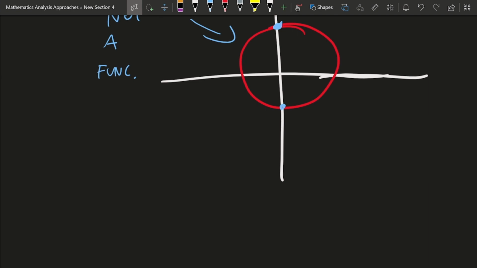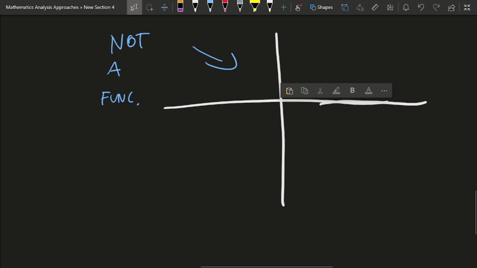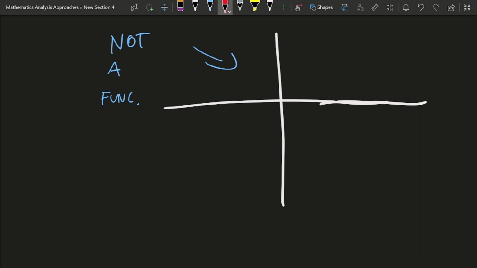So when you see something like this and they ask you if it's a function, then no. This is not a function. This is something called a relation, but we're not going to go into that now. On the other hand, if I give you a function like this, which is called a cubic function, is this a function?